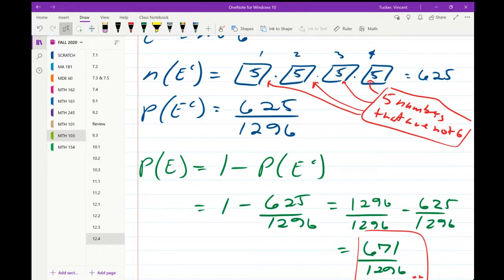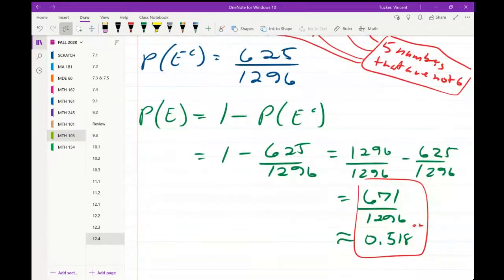So it's 1296 minus 625 in your numerator. So it's 671 over 1296, or 0.518. Once again, that depends on what the instructions are asking of you as far as the form of your answer is concerned. All right, questions?